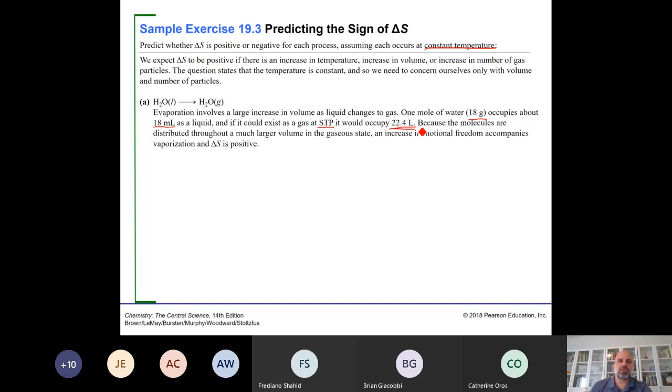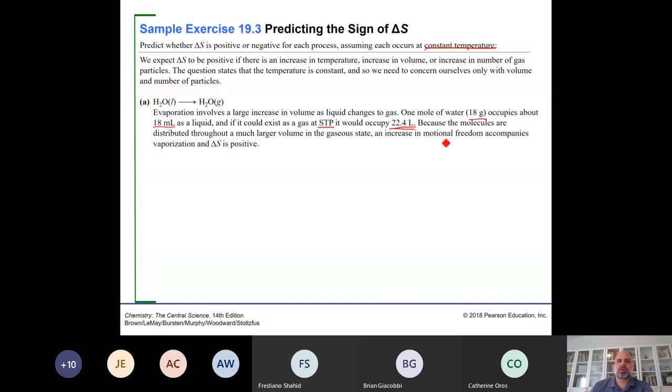You're talking about a graduated cylinder versus filling up the inside of a car. Maybe that's not quite 22.4 liters. The front seat of a car, maybe. Something along those lines.